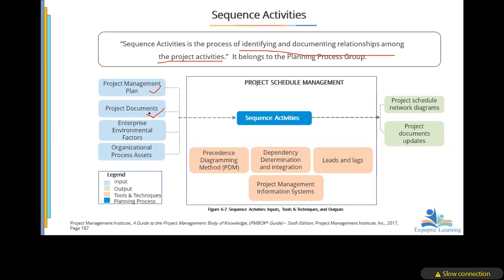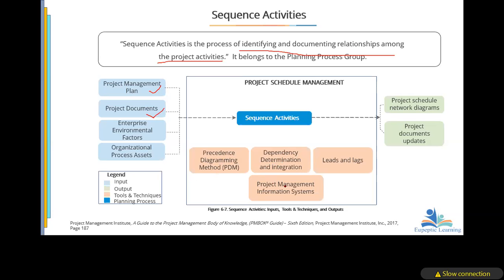Are you within an agile environment? And then what type of sequencing are you going to do? Okay, so the tools and techniques here is the PDM, precedence diagramming method, that we looked at, dependency determination and integration.